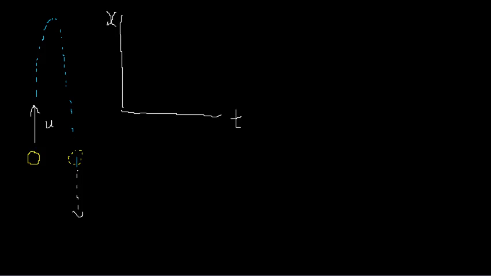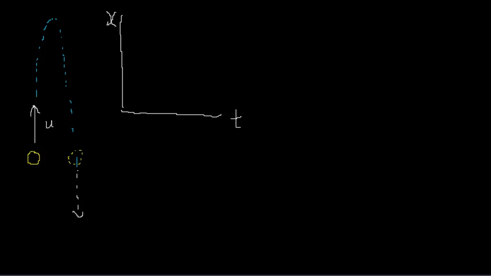Now I would like to find an example that works. What happens if I choose this level to be the 0 of x? I will be starting at this origin, and as time passes, x increases, and then it decreases. Is that going to work? Yeah, maybe. So let's try this out.